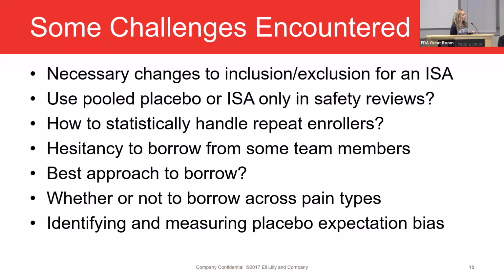There was also hesitancy to borrow from some team members, so there's a mixed feeling on whether or not to borrow. And I think similarly at FDA, when we encountered there are different viewpoints on what should be borrowed and whether or not to borrow. Again, what is the best approach to borrow? We spent a lot of time talking about whether we should borrow across pain types, and also thinking about placebo expectation bias and how that changes over time and affects our ability to borrow.